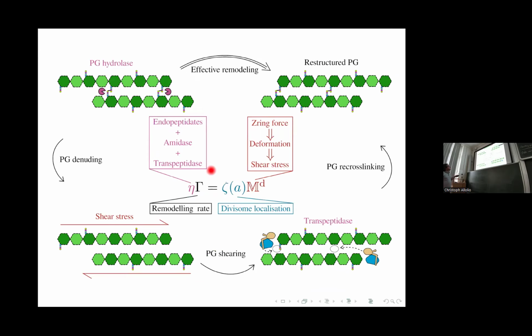And this is the remodeling rate, which depends on the deviatoric part of the Mandel stress, which is also localized, and where you then have the remodeling factor. And this is basically all our parameters.